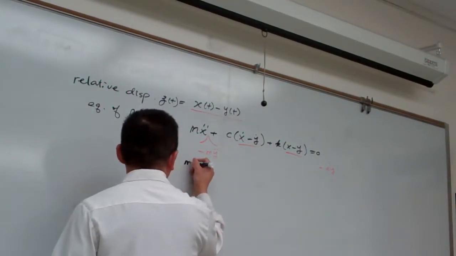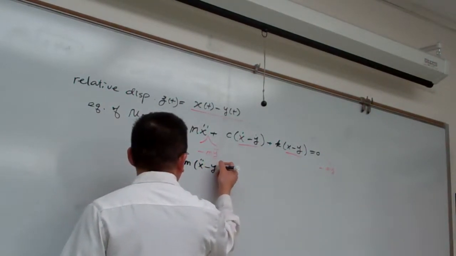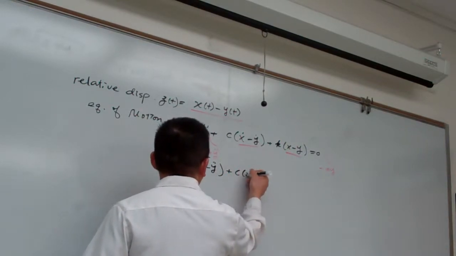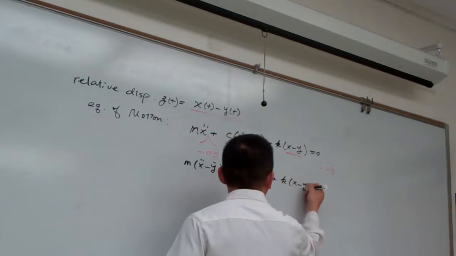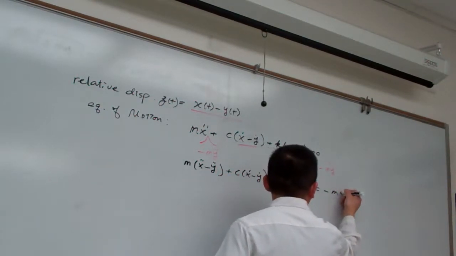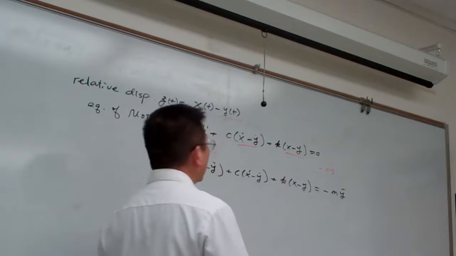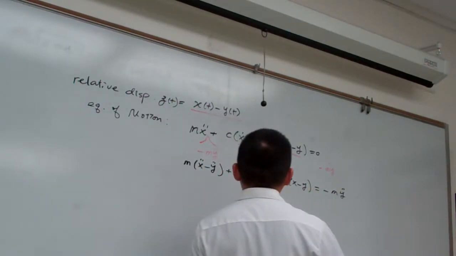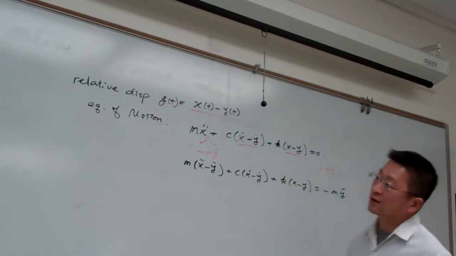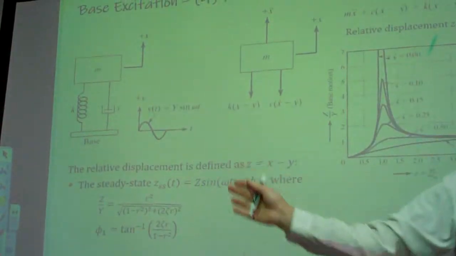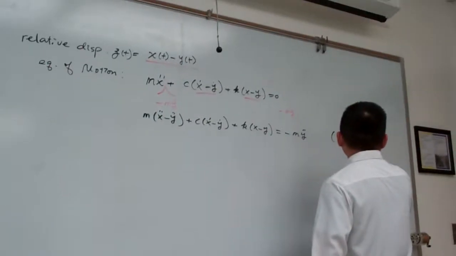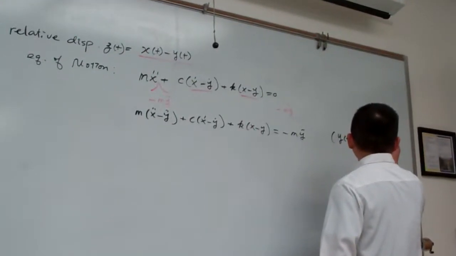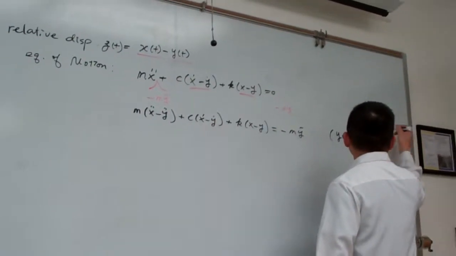That is m times the relative coordinate double dot, plus c, plus k, equal to minus m y double dot. So what is y double dot? Here y is the information about the base: y(t) equals Y sine omega t, that's the given.